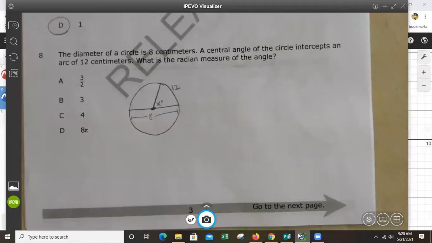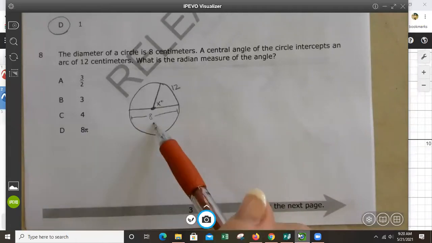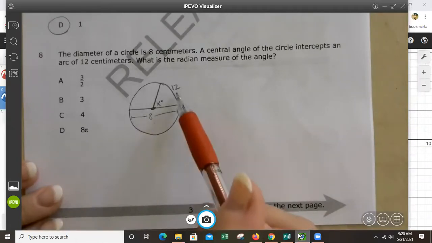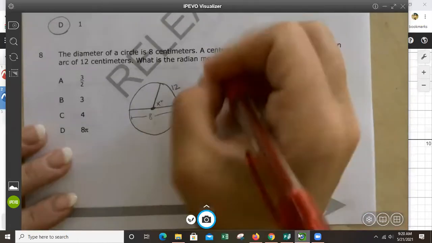All right, so how do we figure out the degree? What formula uses a degree, the diameter or the radius, and part of the outside, which would be the arc length? Has everybody got it? What was that arc length formula? What do we start with? Degree over 360.